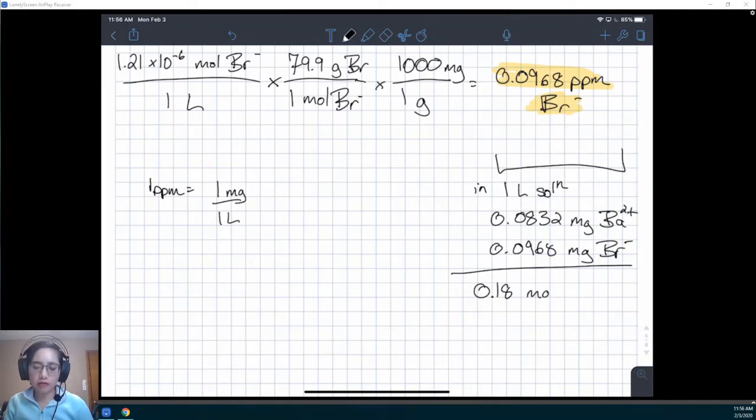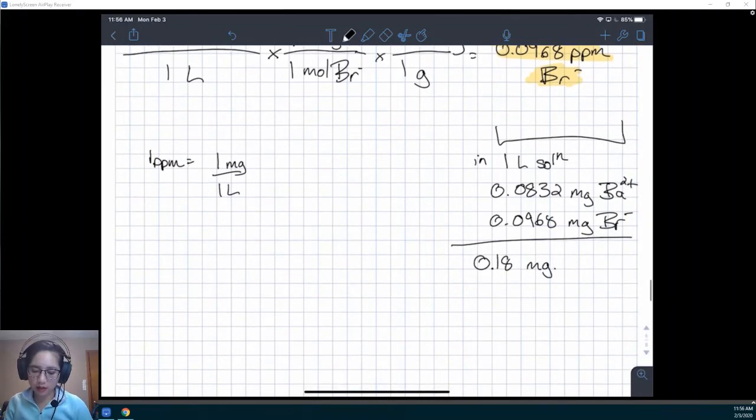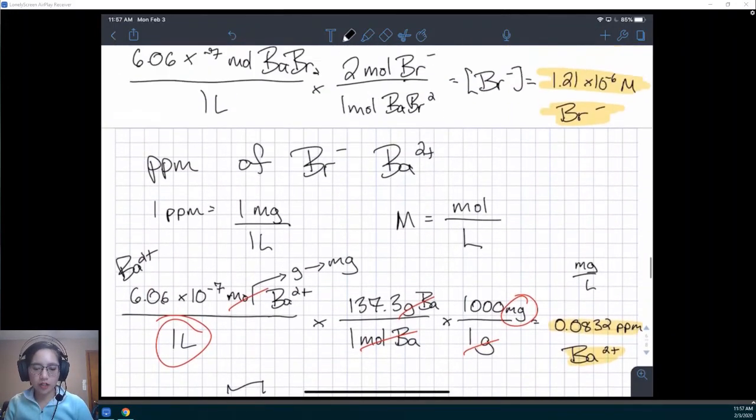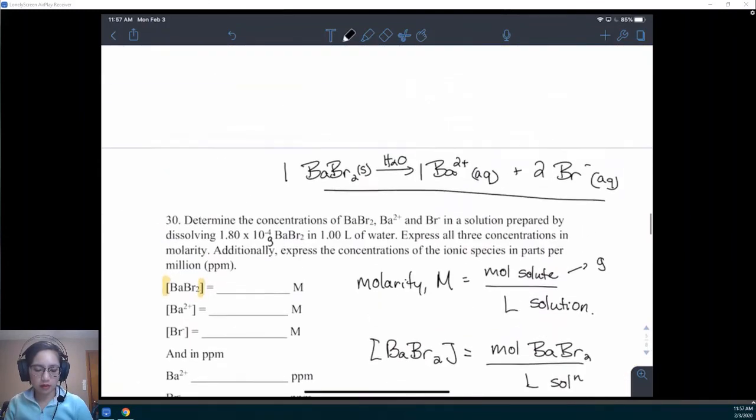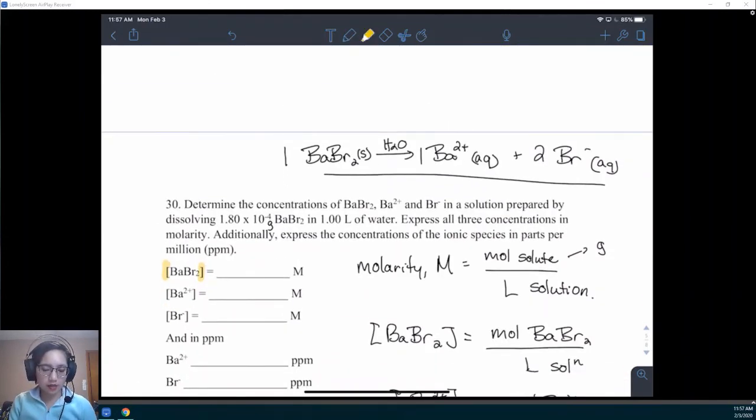If I convert that to grams, that is 1.8 times 10 to the negative 4 grams total. Look at the question. This solution was prepared by dissolving 1.8 times 10 to the negative 4 grams of stuff. So it all works out in our concentration. That's like a little check for yourself that it worked out.